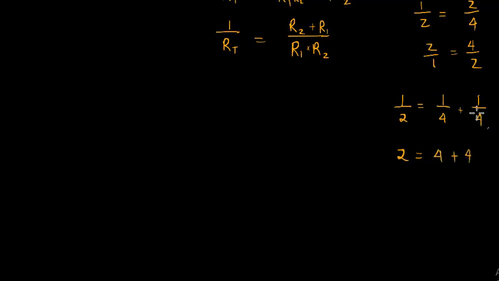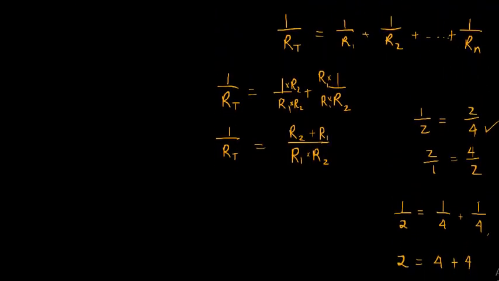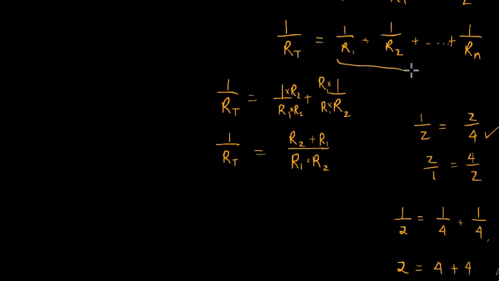I first need to add the right hand side, and if I do add the right hand side, I get 1 over 2 is equal to, if I add these two together, I get the 2 over 4, which is what I had here, and I demonstrated that that is true. 2 divided by 1 is equal to 4 divided by 2. So just notice you can't just flip the fractions around. It doesn't give you the same answer. You first have to add the right hand side, and then we can flip it around.